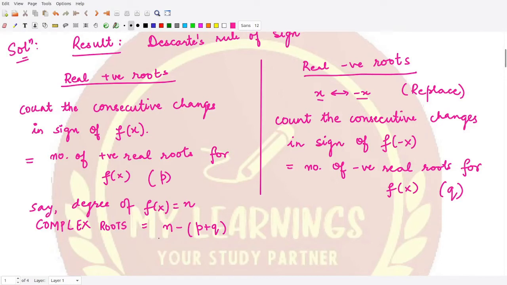Why? Because these are the many roots you can find for any given real polynomial, right? So you subtract all the real roots from the total number of roots, which is nothing but the degree of the polynomial, and you would have the complex roots.